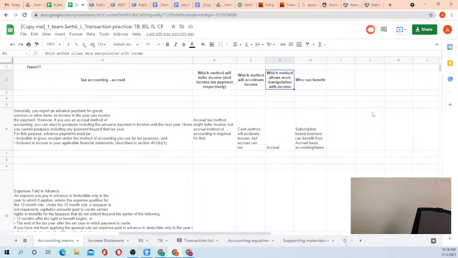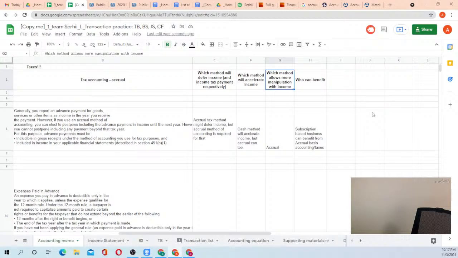And the third question is, which method allows more manipulation of your income? In some circumstances, you want your income to be accelerated, and in some circumstances, you want your income to be deferred. And in our case, we have a bit more manipulation with the accrual method of accounting.